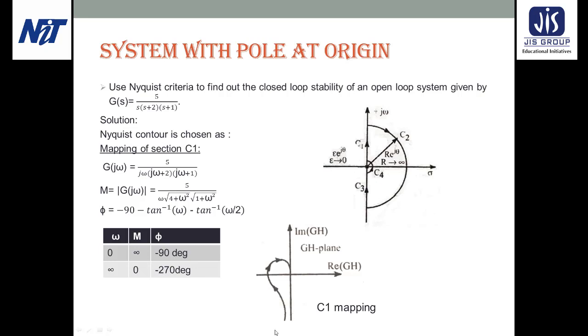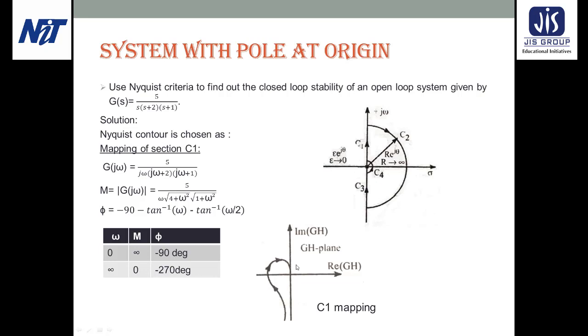So we start drawing the mapping from the minus 90 degree line, where the magnitude is infinite. That's why it comes from this side, then crosses the minus 180 degree line, which is the real axis, and then at minus 270 degrees the magnitude becomes 0. This is the mapping of the C1 section.